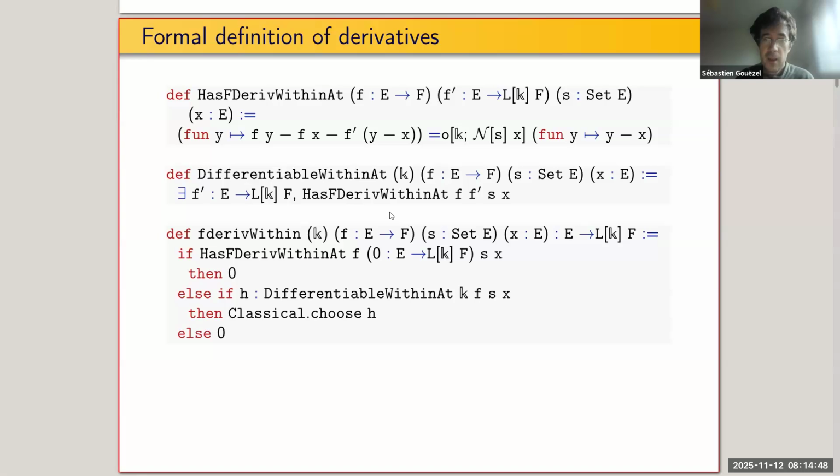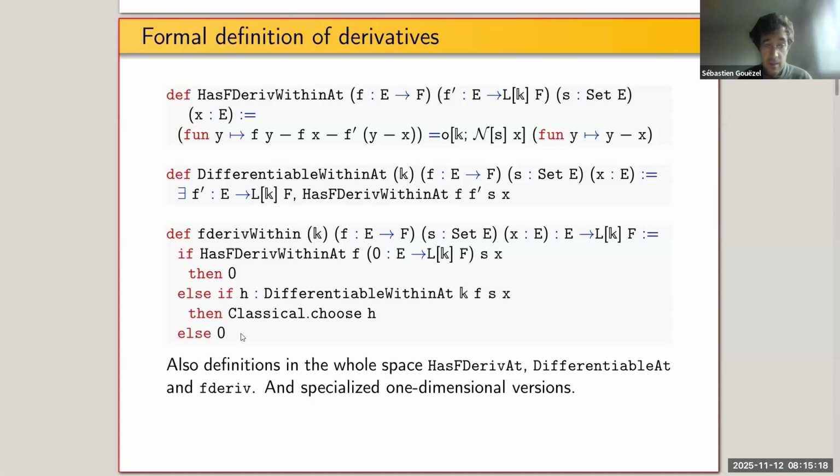Well, first note that in this definition, we are not assuming that the function is differentiable. Just like we were allowing division by zero on the previous slide, here I will be able to write what the derivative of a non-differentiable function will be. It's just for convenience. I want to be able to write fderivWithin of some function without having to provide all the time a proof that the function is differentiable.